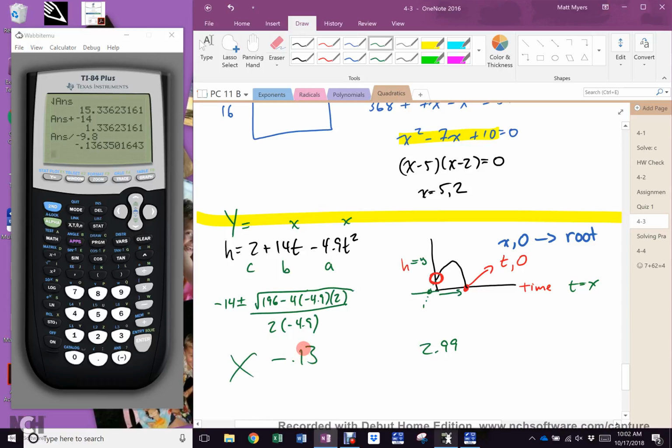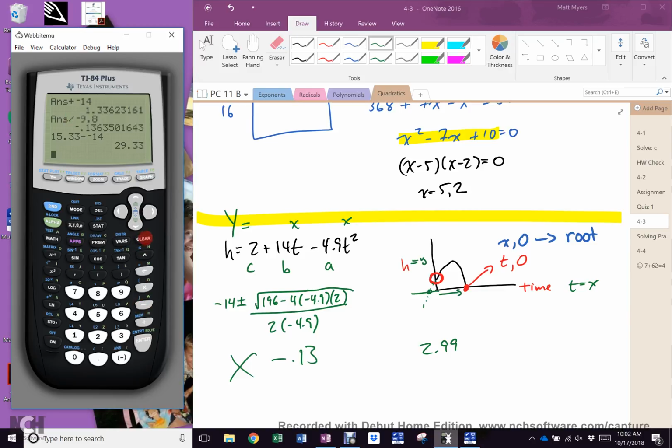How can I throw it backwards in time? So it must be plus, right? Or minus 15.33, because that's right there, yeah? Minus negative 14, right? Divided by, oh wait, what did I do wrong?